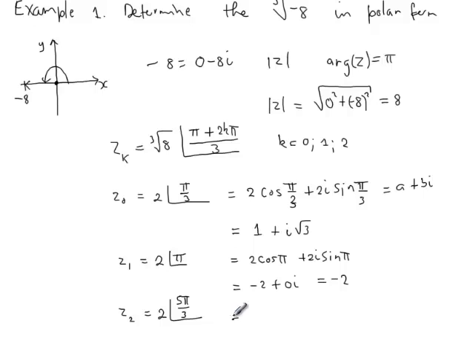Then we write it as 2 cosine 5 pi over 3 plus 2i sine 5 pi over 3. Are we together?